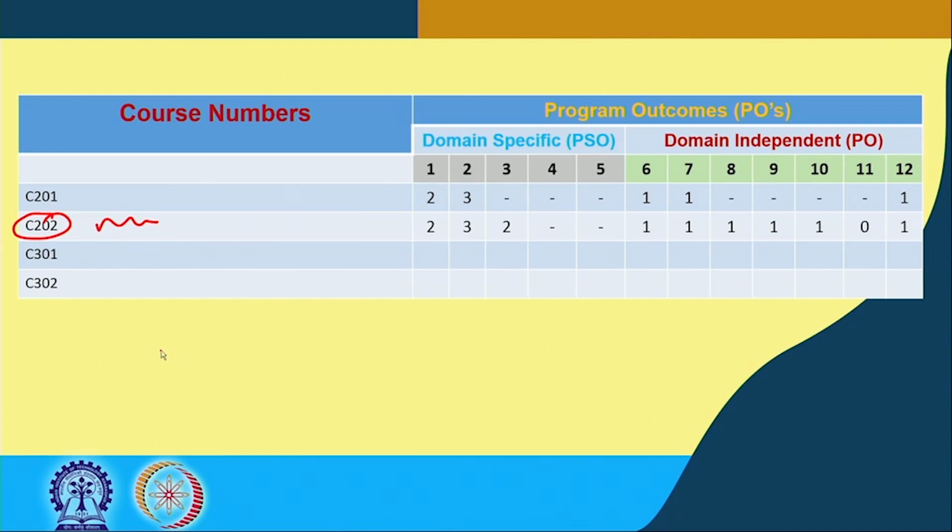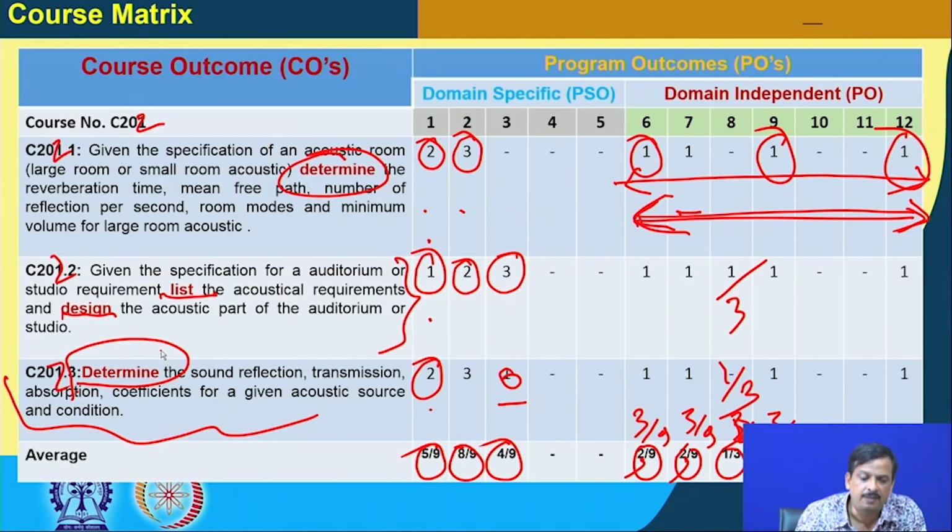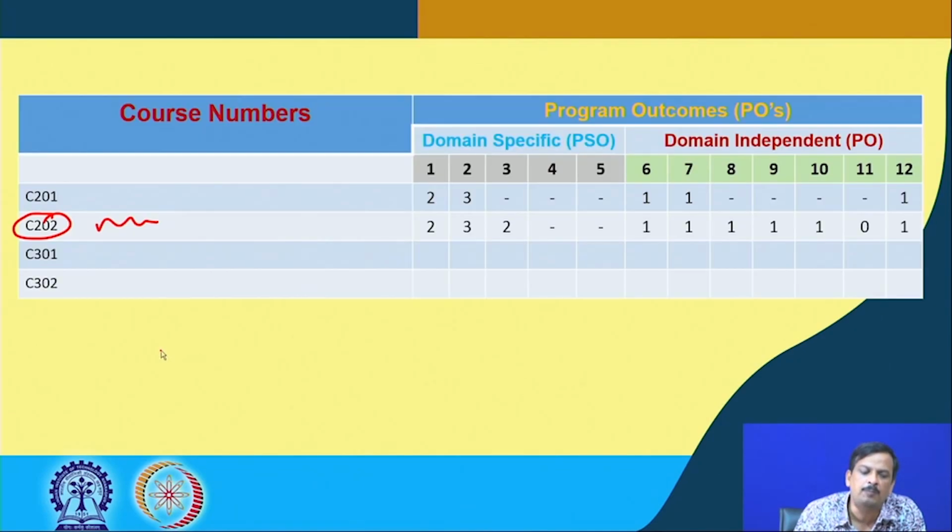If you see this course, I said 5 by 9. How much percentage? Calculate it, 8 by 9. So, I can say 8 by 9 is above 70%, so I put weight vector 3 here. 5 by 9, 70% may be touched, so I put weight vector 2 here.